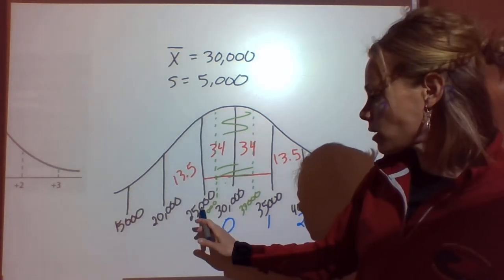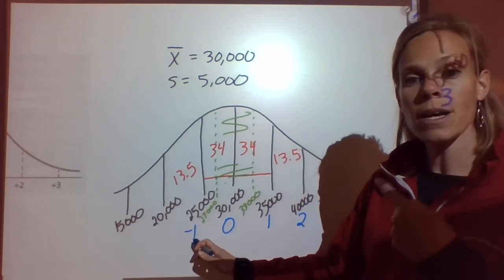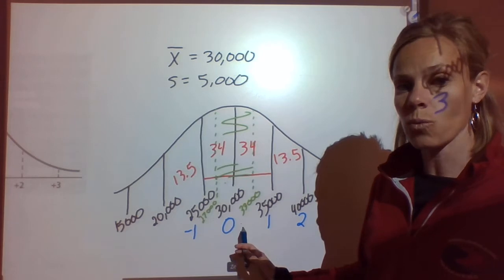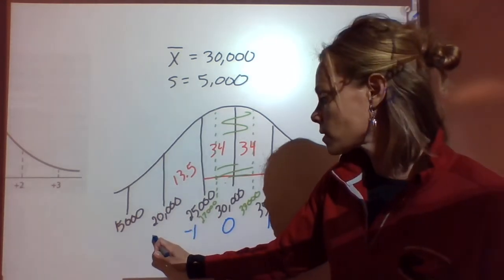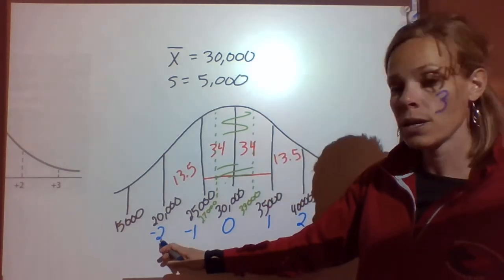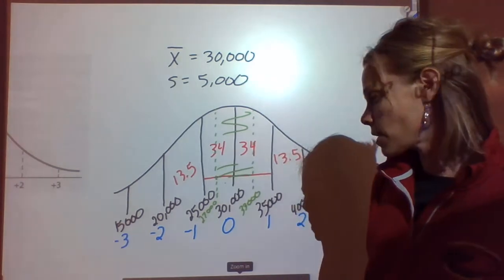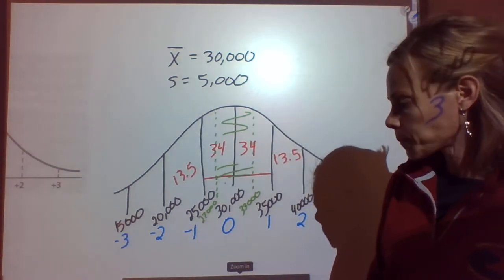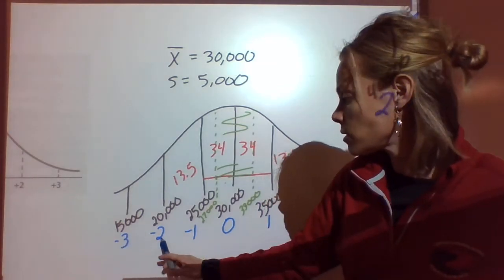So then going this way, 25,000 raw score is going to have a -1 z-score because it's one standard deviation left of the mean. 20,000 is going to have a -2 z-score, and 15,000 is going to have a -3 z-score. Okay, so these are the raw scores with the corresponding z-scores.